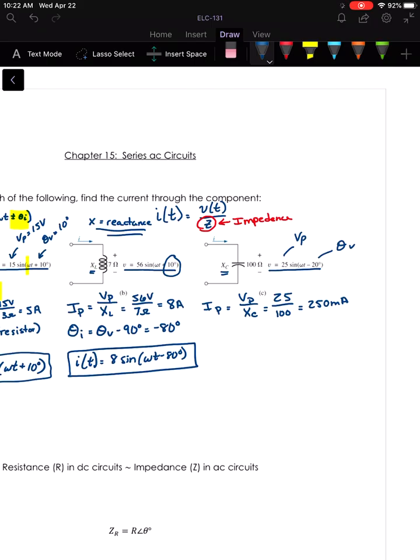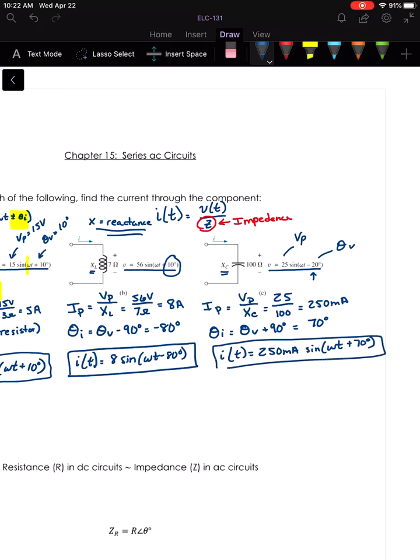Now for the capacitor, the current is actually 90 degrees ahead of the voltage, so we would add 90 degrees to the voltage phase shift, which is -20. So that's a 70. So our current waveform would be 250 milliamps sine omega t plus 70 degrees.